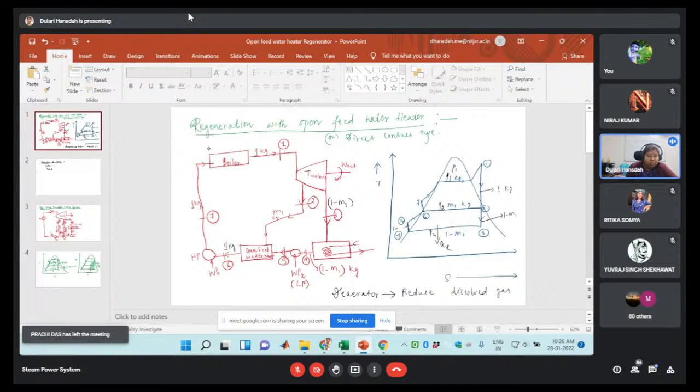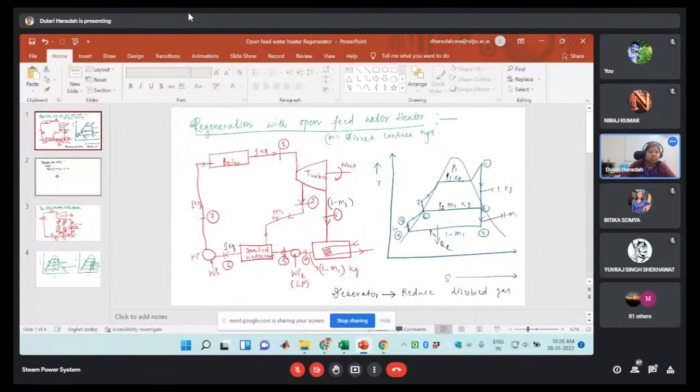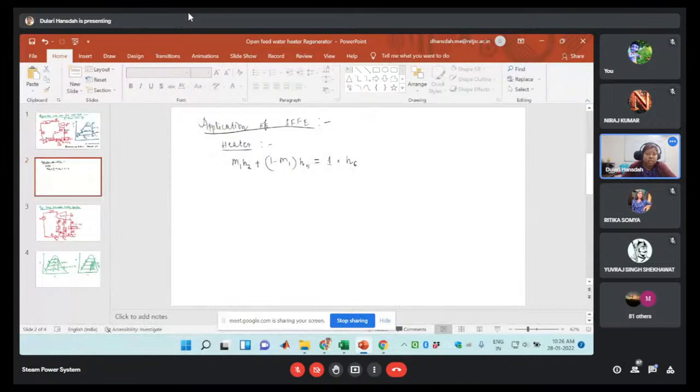That means 1 minus M1 kg of condensate enters the heater. So 1 minus M1 into H5, where the enthalpy is H5, equals the outlet, 1 into H6.